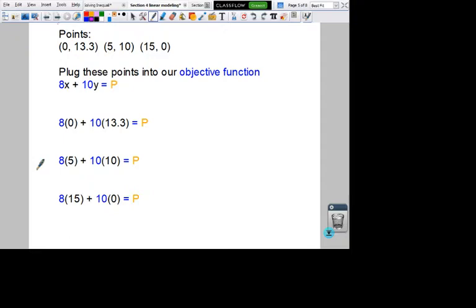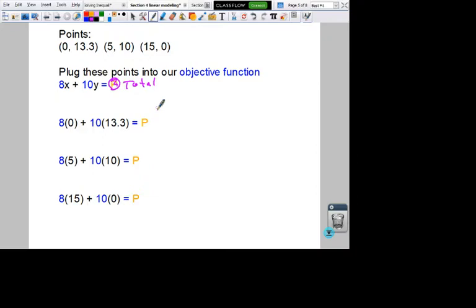So I'm going to have 0, 13.3. And I'm just going to solve it, and it's going to equal our total. Let's plug in 0, 13.3. What's 8 times 0? 0.